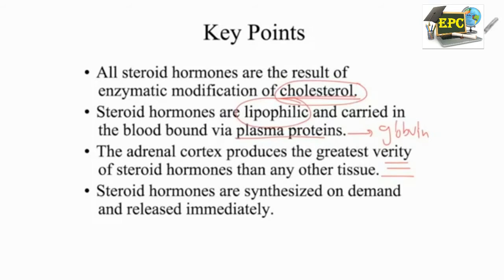So every layer is distinct, and with a lot of layers and a lot of cells in one organ, we can be sure that a large variety of hormones would be produced from this organ.